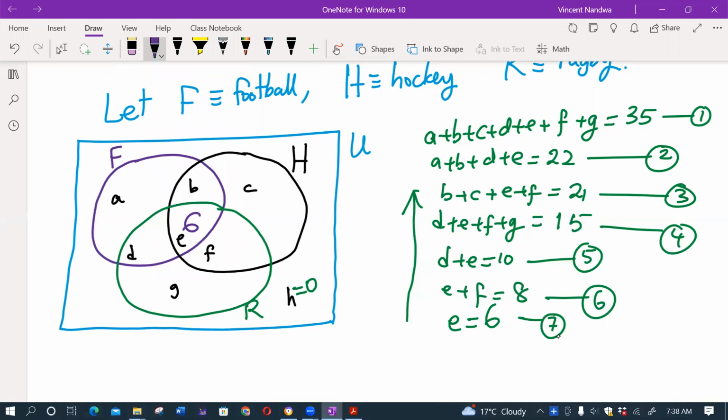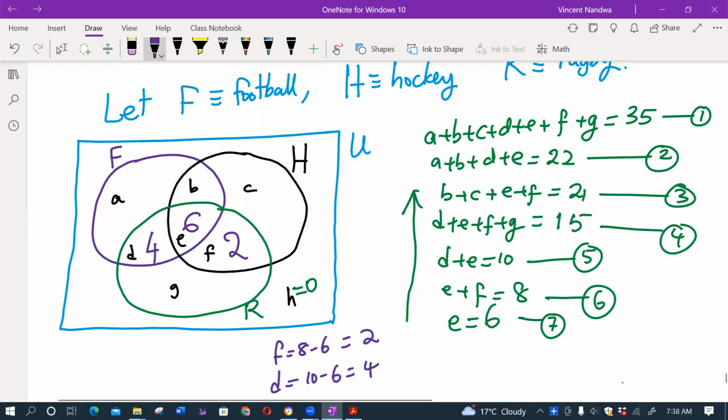So from 6, we'll have F equals 8 minus 6, which is 2. So F is 2. And then from 5, D will be 10 minus 6, which is 4. So D is 4.